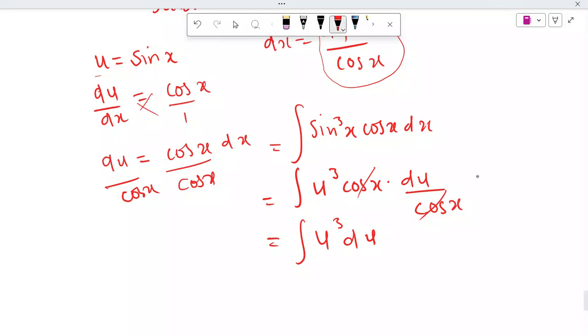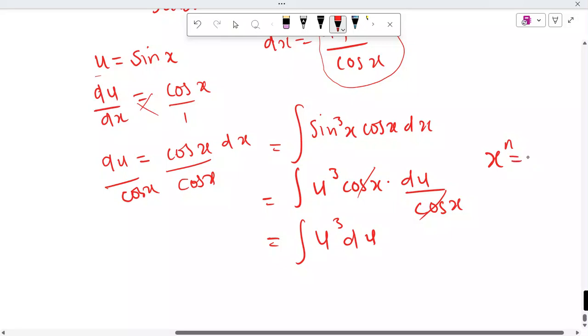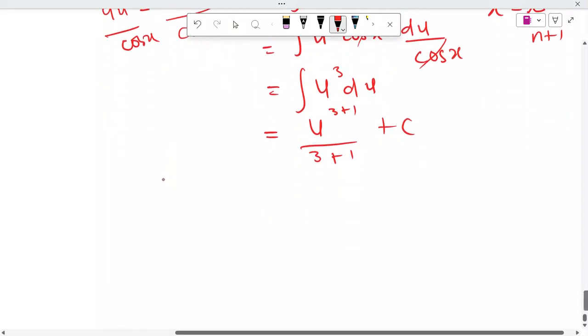We know that if you are integrating x to the power n, you say x to the power n plus 1 over n plus 1. So we say u to the power 3 plus 1 over 3 plus 1 plus c, which equals u to the power 4 over 4 plus c.